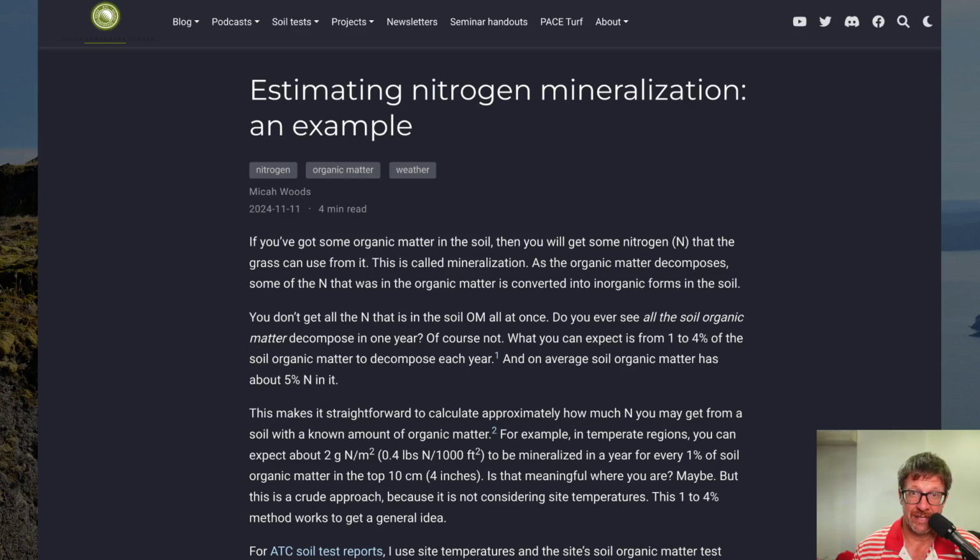Soil bulk density, which is the mass per volume, is generally, for a loam soil, about 1.2 grams per cubic centimeter. But for a sand that doesn't have very much organic matter in it, you'll have a bulk density of about 1.56, maybe up to about 1.63.